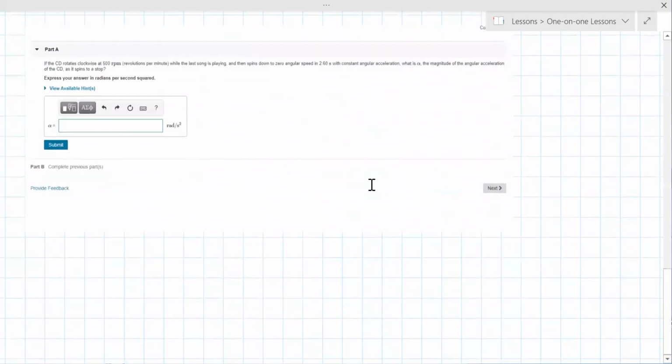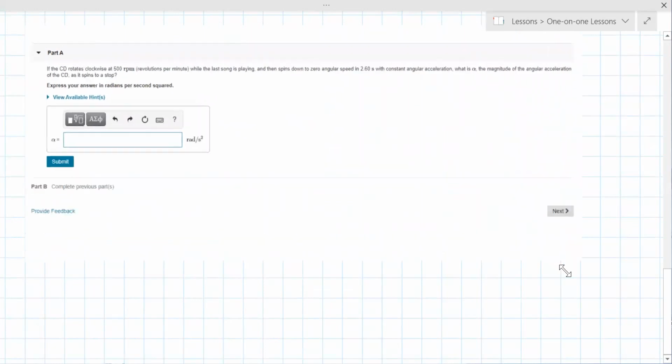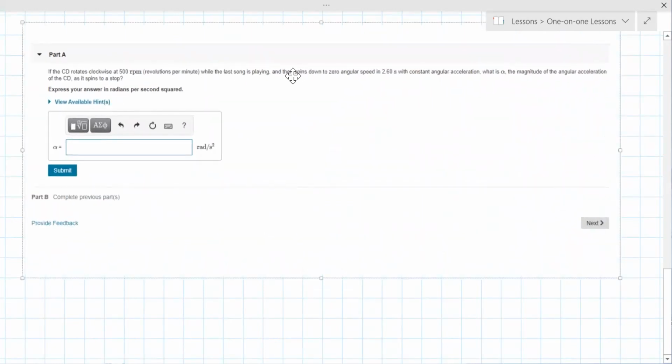Okay. CD rotates clockwise at 500 revolutions per minute and then spins down to 0 in 2.6 seconds with constant angular acceleration. What is alpha, the magnitude of acceleration as it stops?